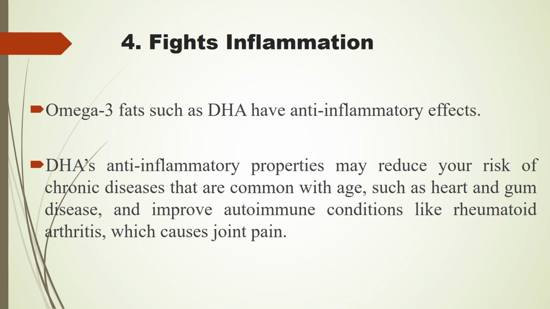They are used to treat many different conditions, and some are being studied in the prevention and treatment of cancer. DHA's anti-inflammatory properties may reduce your risk of chronic diseases common with age, such as heart and gum disease, and improve autoimmune conditions like rheumatoid arthritis, which causes joint pain. So eating fish may reduce arthritis and joint pain in older age.